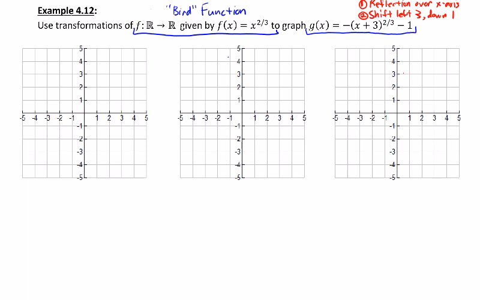But I want us to really see the separation of the different stages that this picture is going to go through. So on the left-hand side, I want us to graph just the basic parent function, so just the bird function, and we have some nice sample points for that.